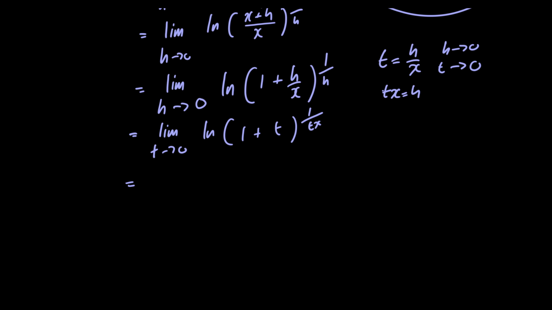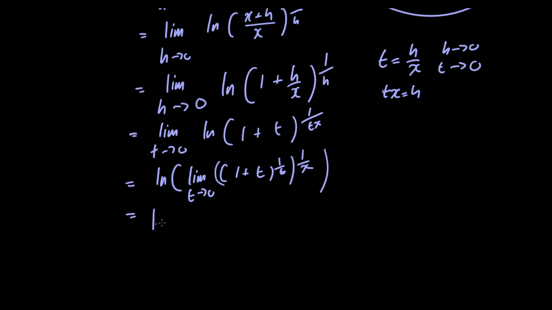Now what we can do here is move the limit inside the logarithm. And we can raise this to the 1 over x power. And we can actually raise the whole limit to the 1 over x power.